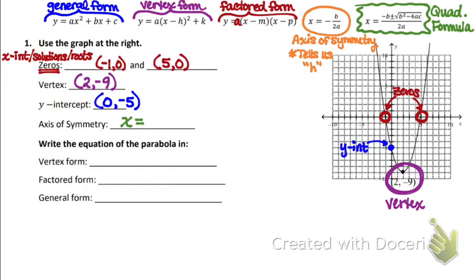Because we've got two numbers in our vertex. We've got 2 and -9. It's not necessarily a positive or negative number. What did we just say here? X equals. I don't want an intercept. We said we're looking at our vertex here. Which of these is the x part? 2. X equals 2. It's always going to be the h value.